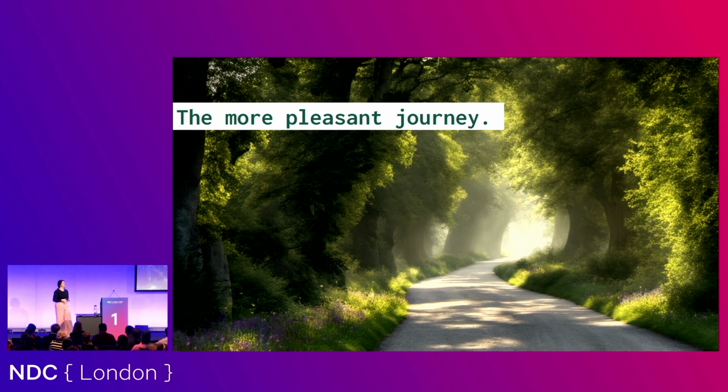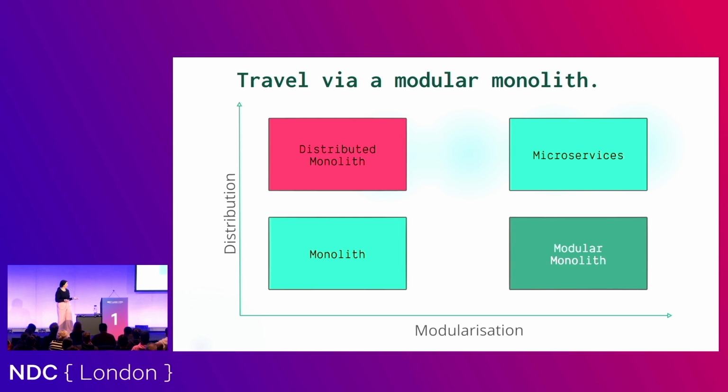So what is the more pleasant journey towards our distributed systems? Well, remember this diagram. We now have the modular monolith on there, okay? So we've got this other option. So instead of going straight to microservices and ending up in a distributed monolith, we're going to move towards the modular monolith, okay? So this is a much nicer journey because this has a natural path to being easier to distribute.